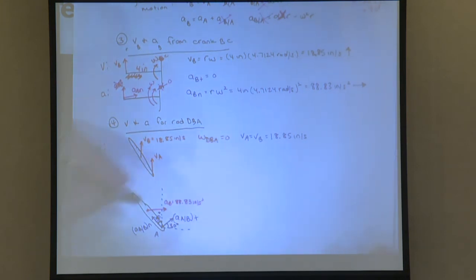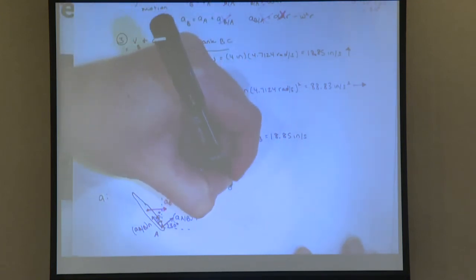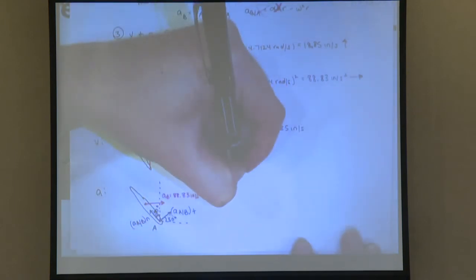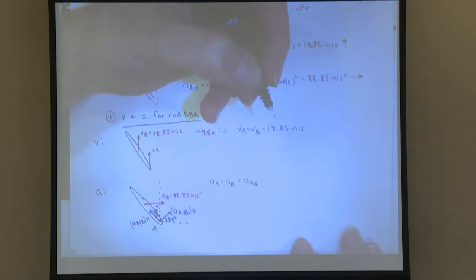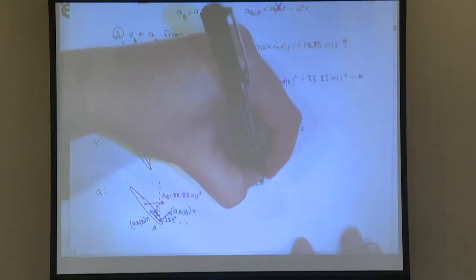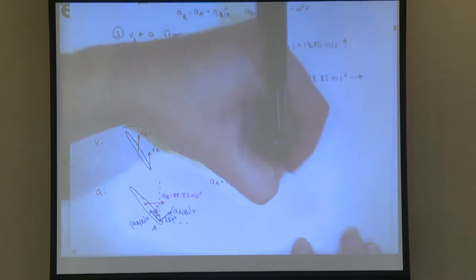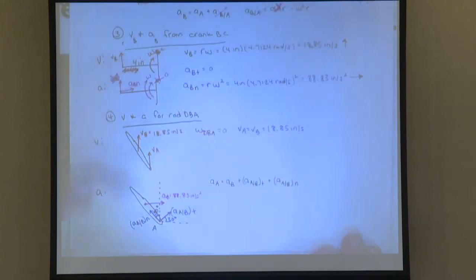So what we can write here is that the acceleration of point A is equal to the acceleration of point B plus A relative to B tangential, and then plus A relative to B normal.